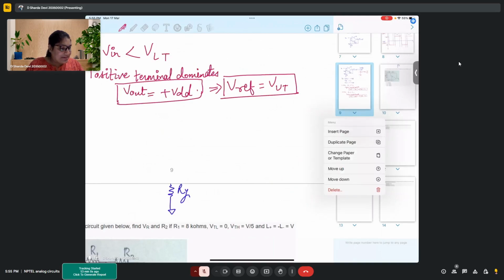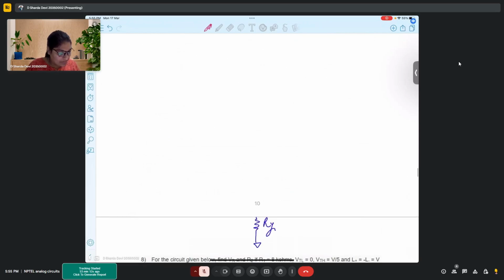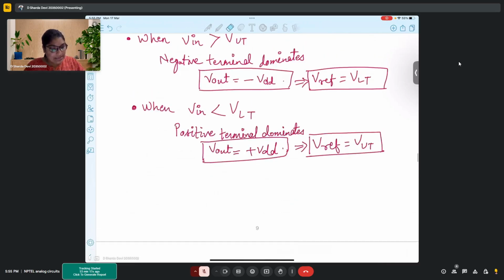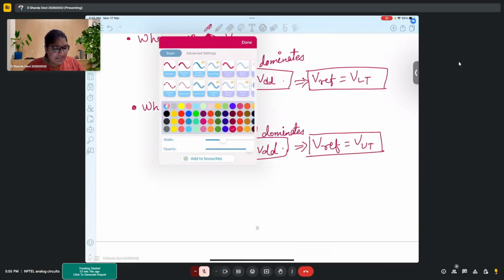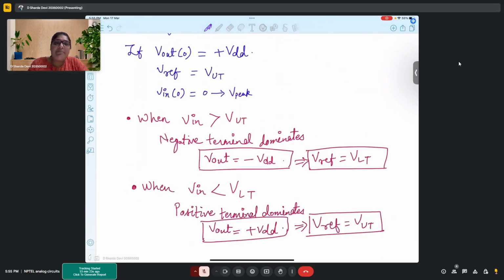Shall I ask one doubt? Yes, please go ahead. Initially we are saying output is at plus VSAT. That is due to... There can be some, see, there would be some error value because of which your output, because it is a comparator, a small disturbance will saturate the comparator.